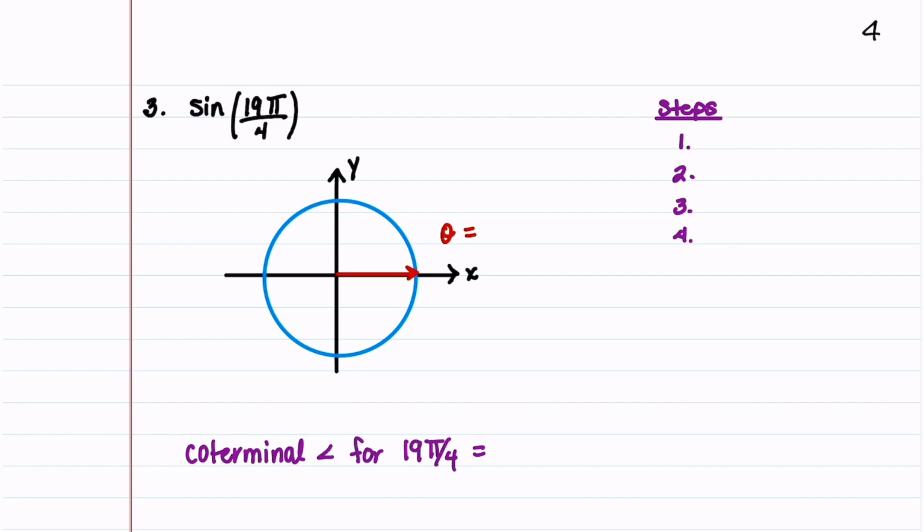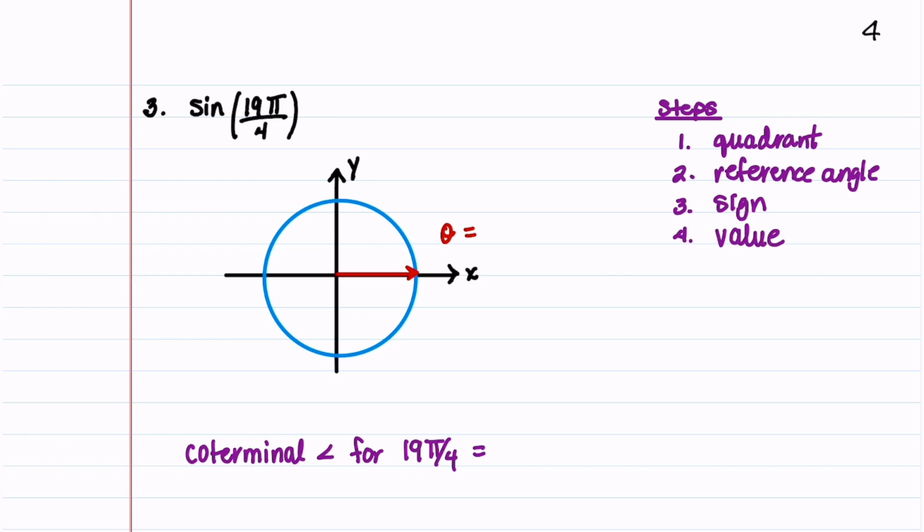In our last example, we'll find the value of sine of 19 pi over 4. Since we just turned the page, let's write down the steps that we need to follow. So the first step is to find the quadrant. The second step is to find the reference angle. The third step is to find the sign, and the last step is to find the value.